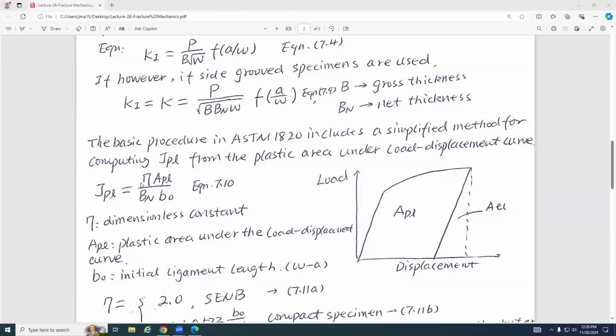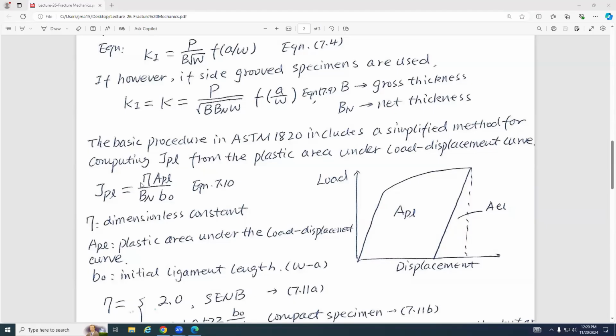So this will be called elastic displacement, and from here to here will be the plastic displacement. For this area we also have the elastic area, and this area is called the plastic area, right? So JPL equals eta multiplied by APL, and if you do the experiments, you should have this figure, and you can easily get the area APL.